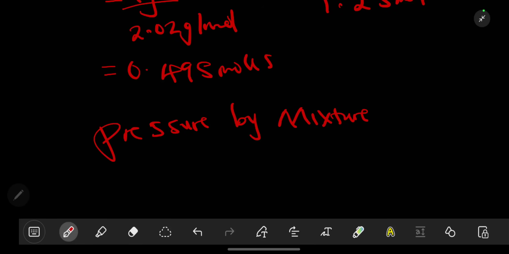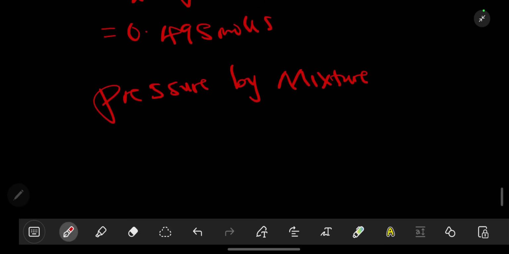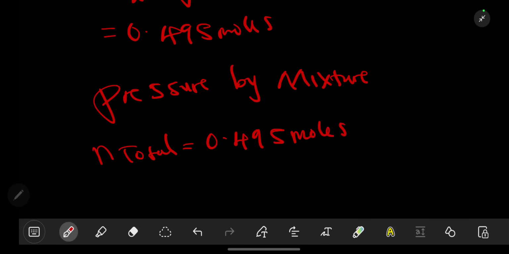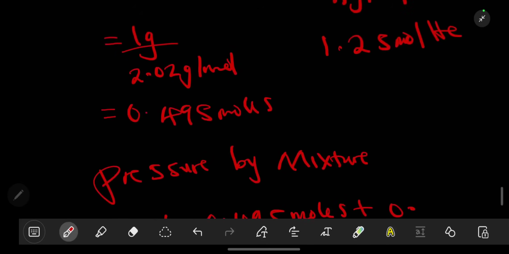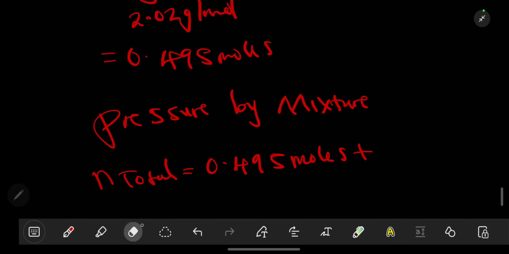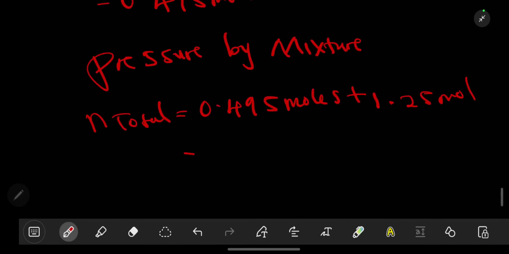Either we solve them separately or we do this. We want the total number of moles because it's a mixture: 0.495 moles plus 1.25 moles gives us 1.745 moles. So this is the total number of moles.